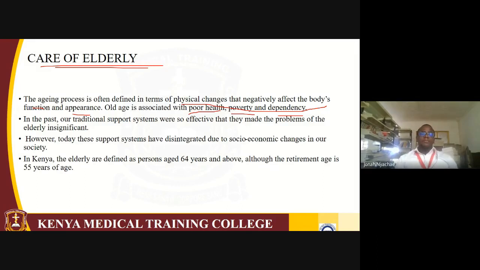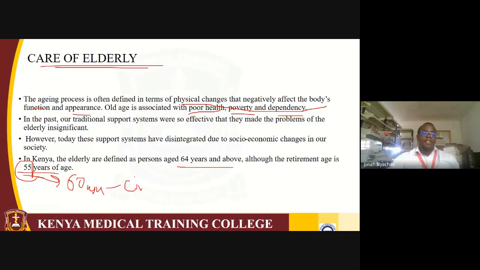So in Kenya, the elderly are defined as persons aged 64 years and above, although our retirement age at one point was 55, but nowadays people are given the bonus by President Kibaki to 60 years. Those are the civil servants, and then 65 years for parastatals like KMTC.